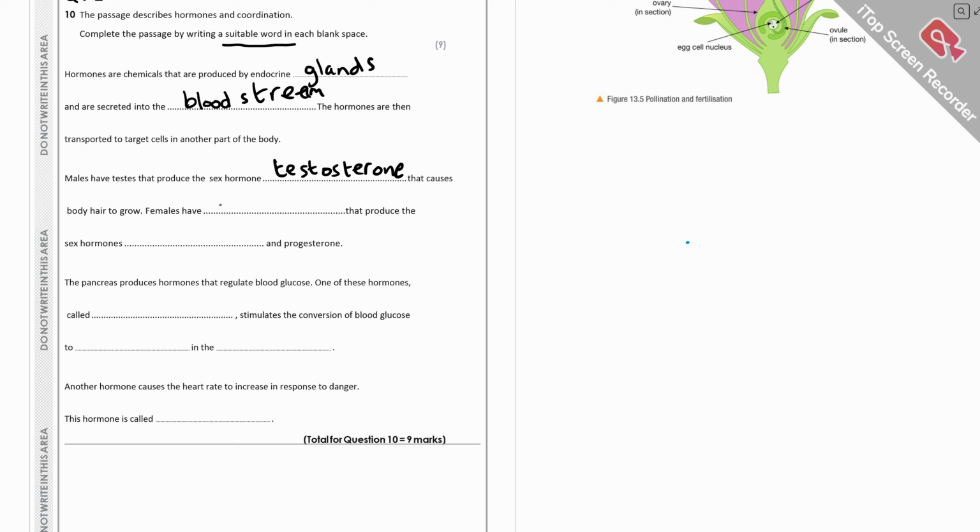Females have ovaries that produce the sex hormones called estrogen and progesterone. The pancreas produces hormones that regulate blood glucose. One of these hormones is called insulin.